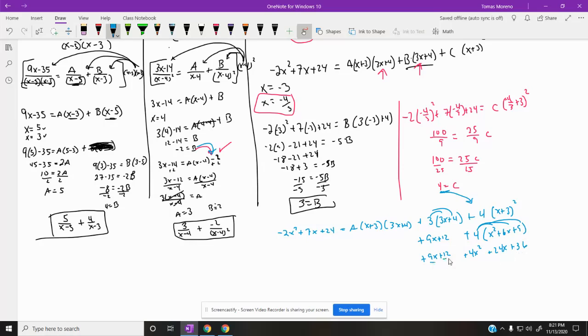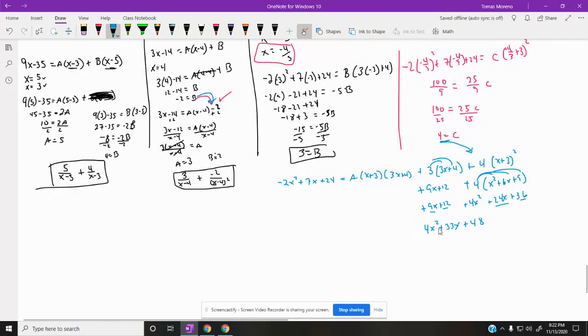So I can combine these. I'm going to have 4x squared plus 33x plus 48. I know this looks like a big jumble, but that's all of this right here.